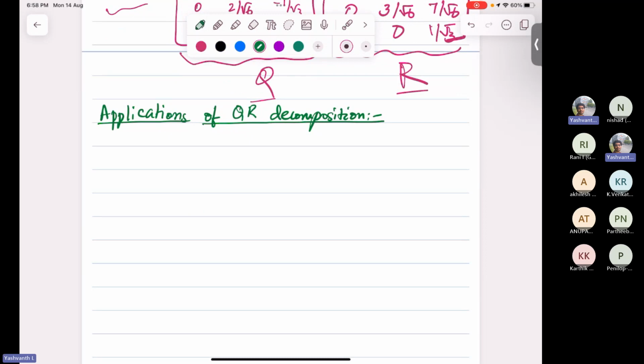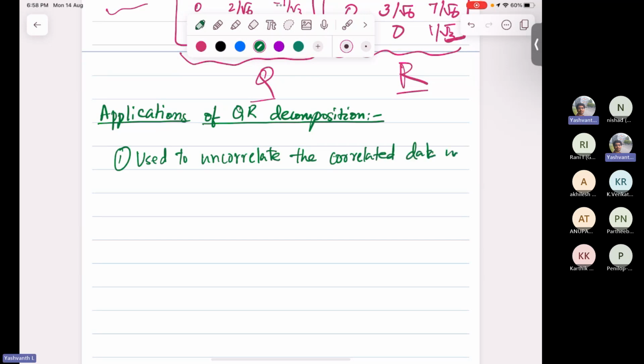So applications of QR decomposition. One is that it's used to uncorrelate the correlated data in machine learning techniques. For example, there's a very well-known technique called PCA, principal component analysis. The underlying assumption is that the data will become uncorrelated after performing the principal component analysis, and then you pick the dominant component.